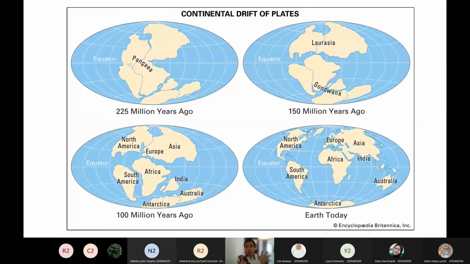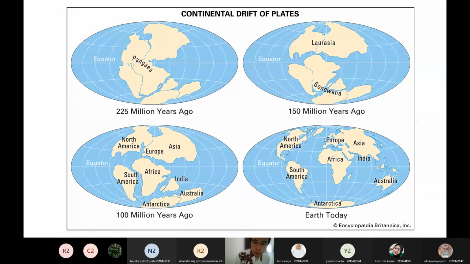This is a very ancient continental region, and afterwards this Pangea separated into two regions, Laurasia and Gondwana. So it's kind of the geological story of the Earth.